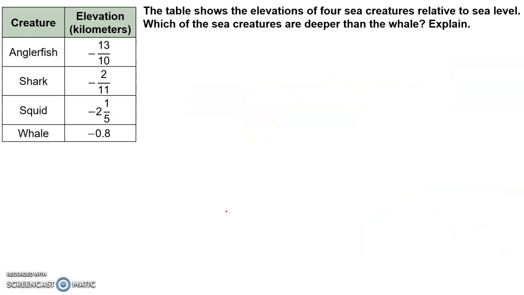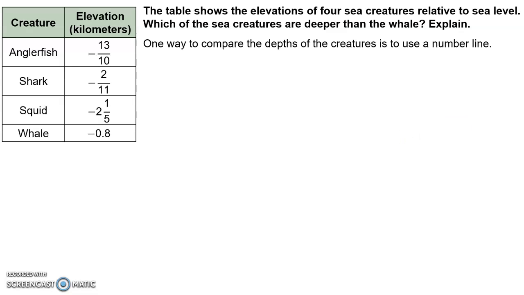So then here's an example from the book. The table shows the elevations of 4 sea creatures relative to sea level. Which sea creatures are deeper than the whale? So we're looking for basically which one is the furthest to the left on a number line, the biggest negative decimal, because the bigger the negative, the smaller it is, the deeper it is. So one way is to do a number line.